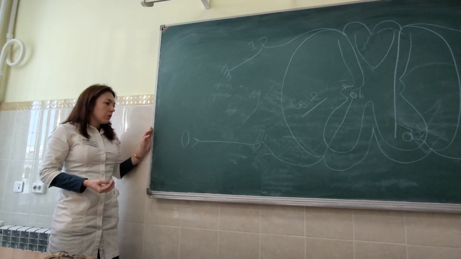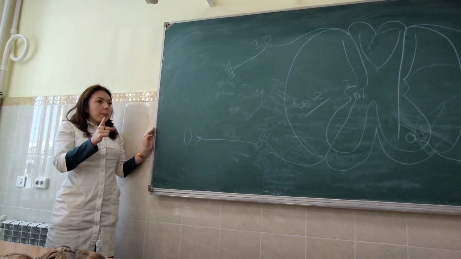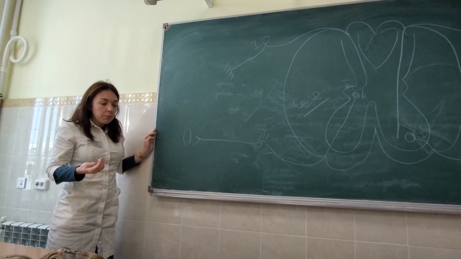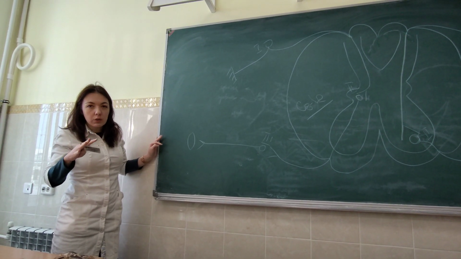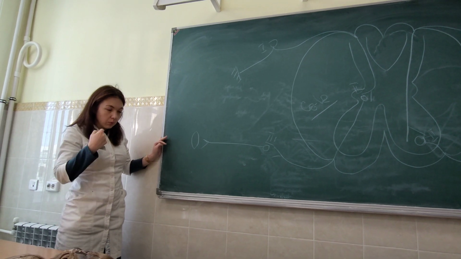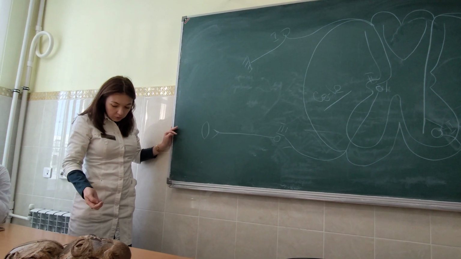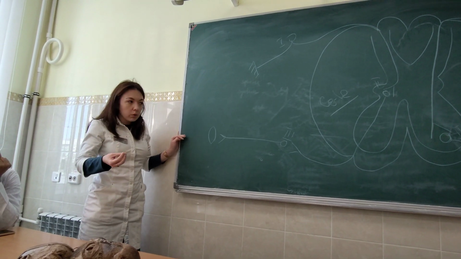What is the main difference functionally between the somatic and autonomic reflex arch? The somatic reflex arch supplies organs which we can control. And what is it? It is striated muscular tissue, yes, skeletal muscles mainly. Effectors, they are skeletal muscles. The autonomic nervous system supplies organs which we cannot control.